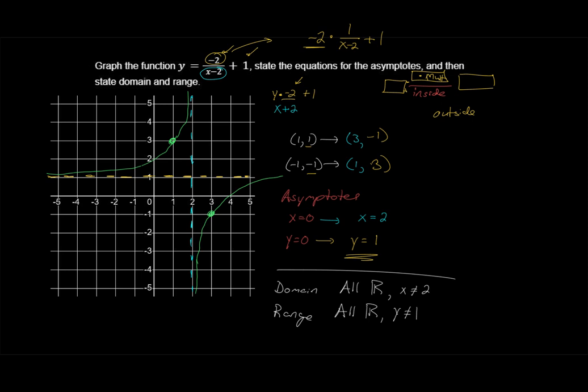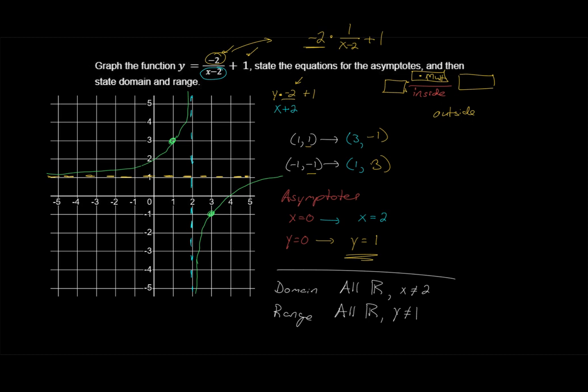Some tips when graphing, since I do know I multiplied by a negative, normally this point is up here, normally above the asymptote, and this one is normally below the asymptote. Because we had that reflection, it flipped. For the reciprocal function, they're always across from each other, so whether one is here and the other is here, or one is in this section between the asymptotes and the other one is in this section.